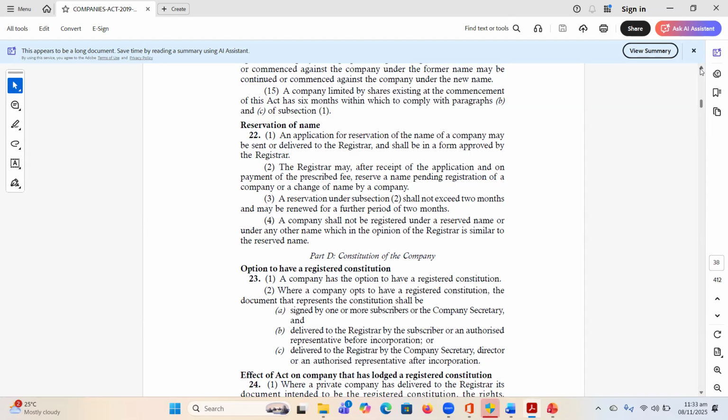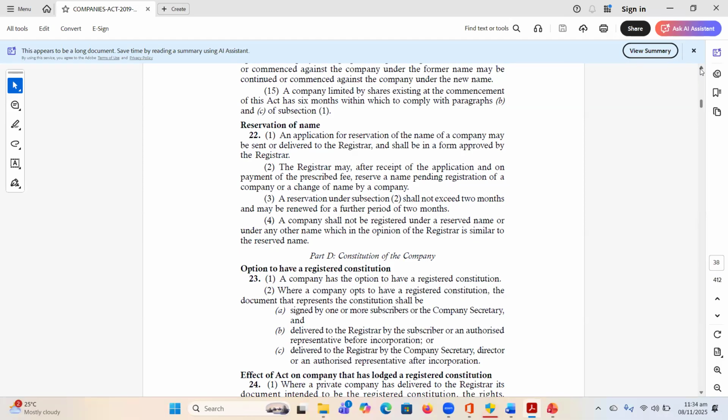It's permissible to apply and have your choice of name reserved for you. So make the application to the registrar and you pay the requisite fees. Your choice of name can be reserved for you. But the reservation is not supposed to go beyond 2 months.